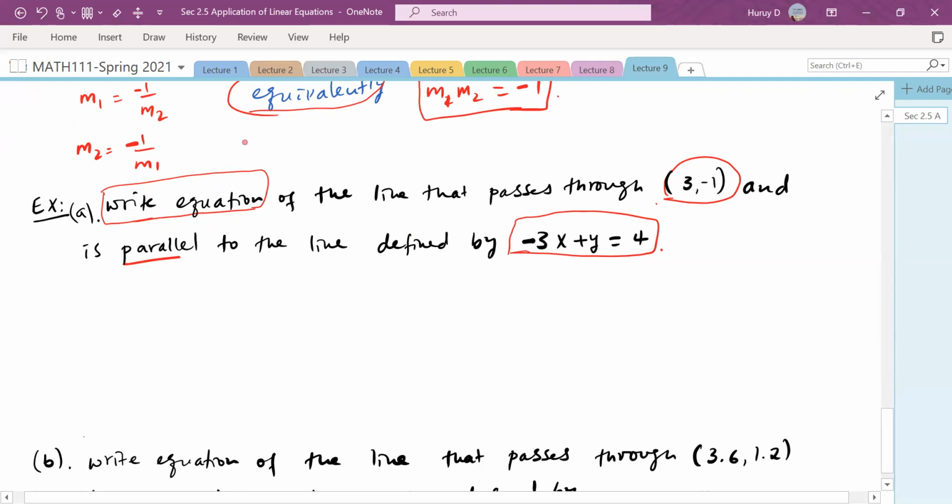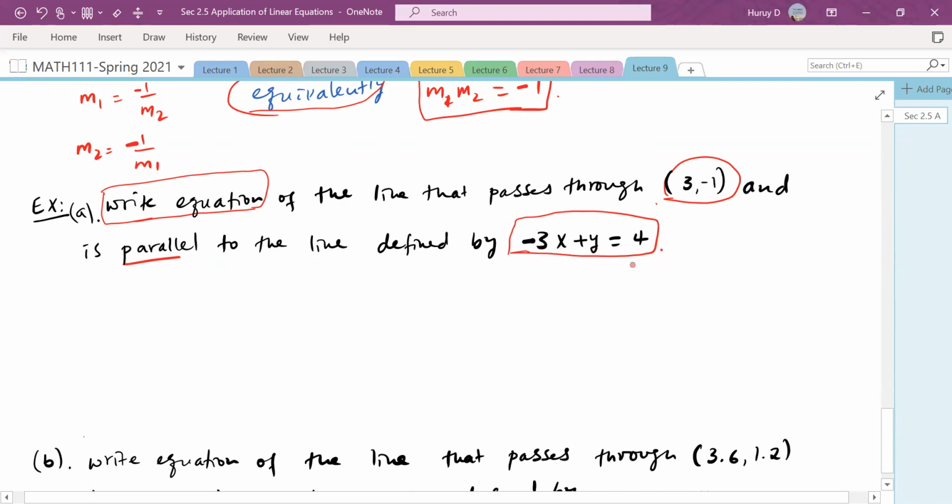So earlier we learned how to write the equation of a line given 1 point and a slope, or given 2 points. We've seen those 2 examples, right? But now what we know is, we have 1 point that lies on the line, and the line that we are trying to find is parallel to the line defined by this equation.